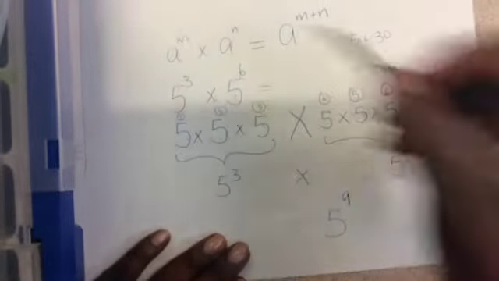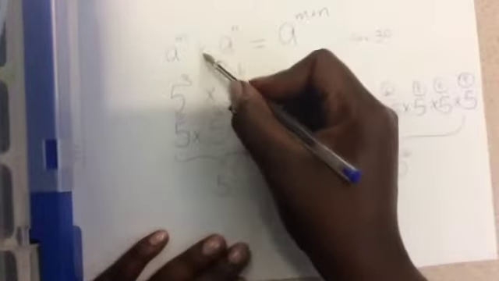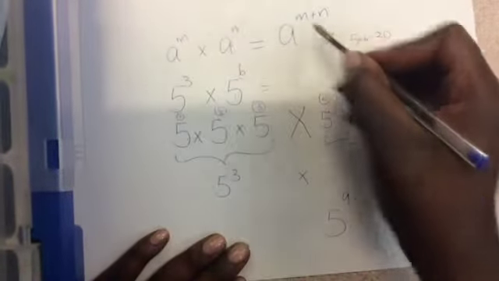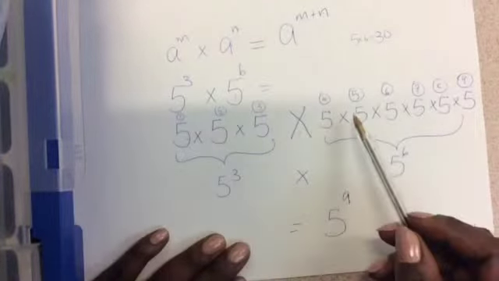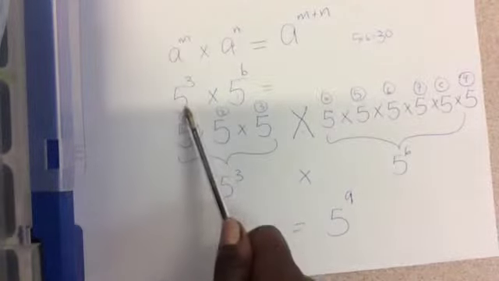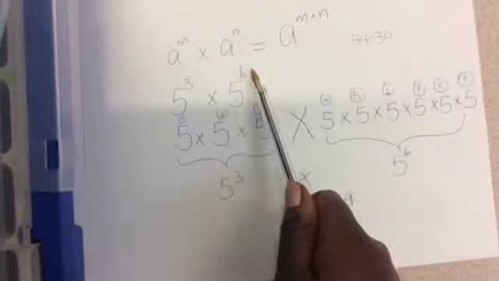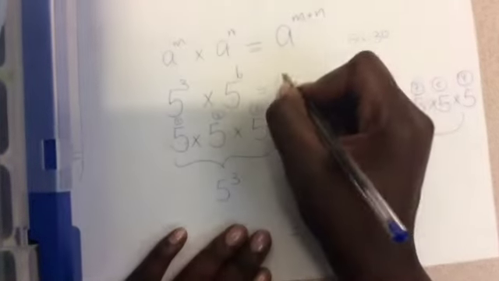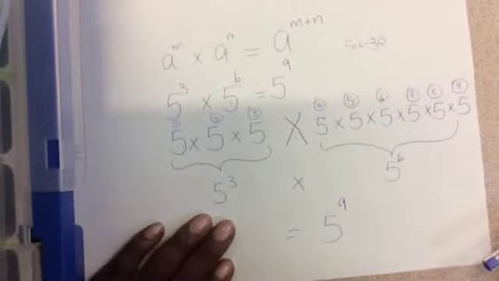That is why a to the power of m times a to the power of n is a to the power of m plus n, because you are just adding together the instances in which you have the base number. The number 5 appears 3 times, and then the number 5 appears 6 times. So altogether the number 5 will appear 9 times.